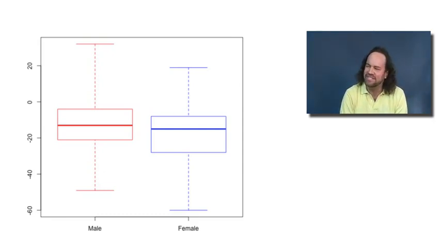So it suggests that just maybe there were a little bit more negative differences in the estimated versus actual age for these skeletons when they're female as opposed to when they're male. Again, we'll have to see later whether this relationship is actually significant or not.